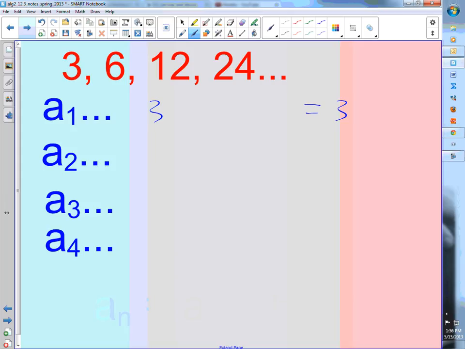Multiply the 3 by 2, and that's going to give me 6. How do I get to a sub 3? Multiply a sub 2 by 2. So we're going to have 3 times 2 times 2, or 3 times 2 squared.